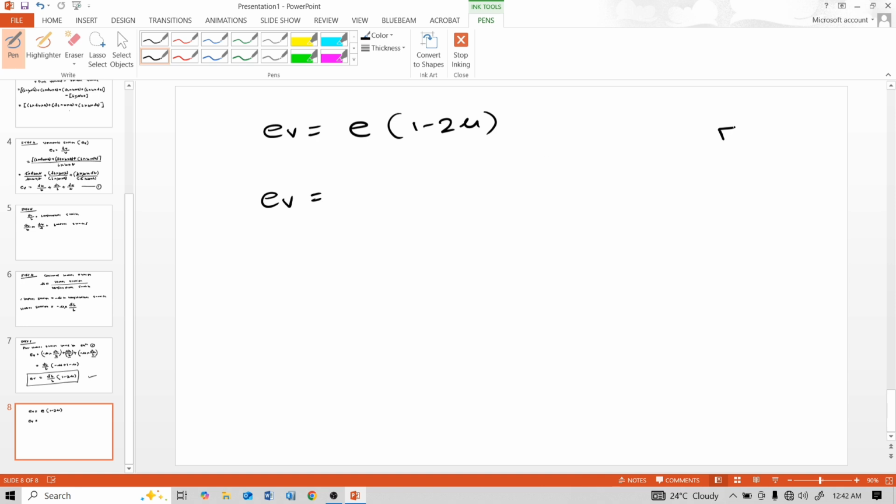Young's modulus is stress upon strain, and strain is stress upon Young's modulus.